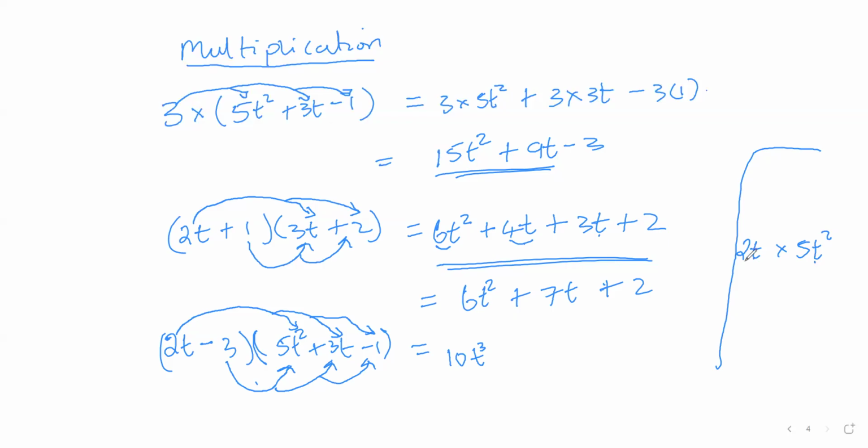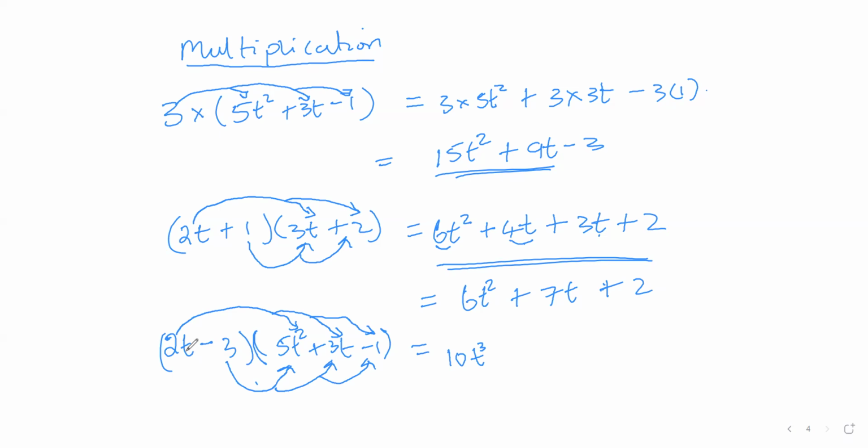So first of all, I do my 2 times 5 and I get a 10. Then I do my t times t squared. By law 1 of exponents, I add up their powers. 1 plus 2 gives me t cubed. That's how I got to my 10t cubed. All right. So you need to always apply your laws of exponents, especially when you do multiplication of algebraic expressions. Your laws of exponents will be very instrumental there.